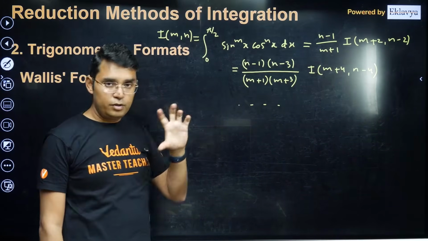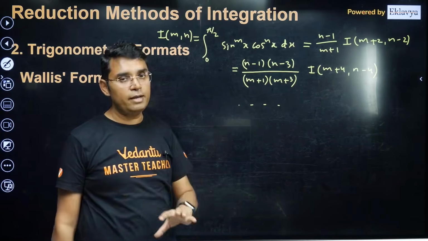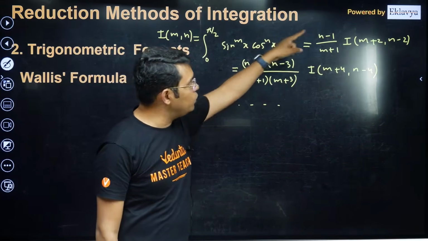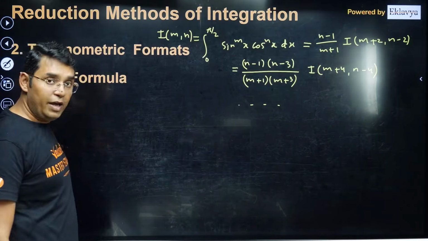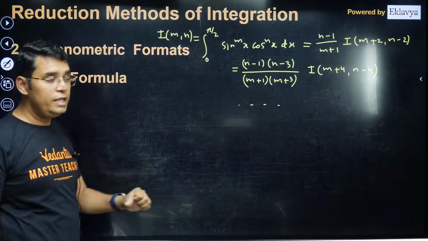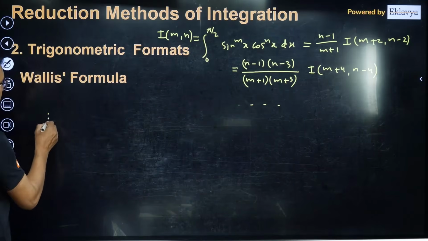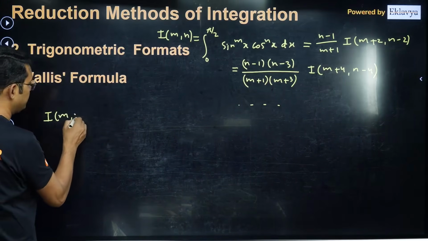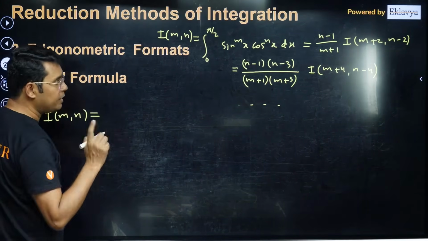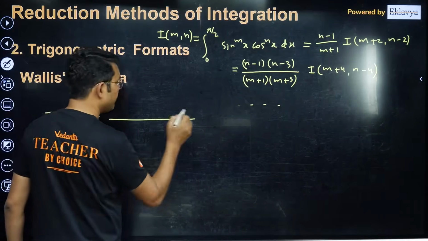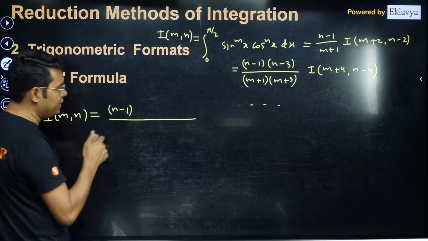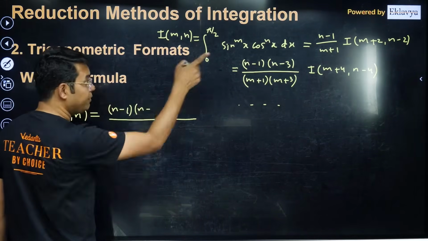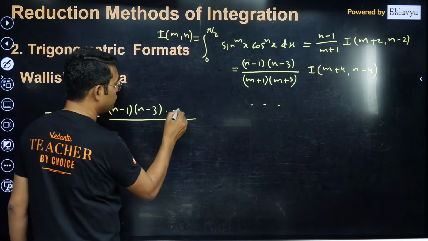Although this is not a very small method, after doing it we get one very important result known as the Wallis formula, and we must know this. What is this? Please see. I m comma n comes out to be, in the numerator, one expression for n minus 1, starting with n minus 1, then n minus 3, and so on.